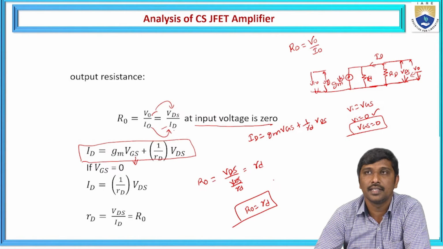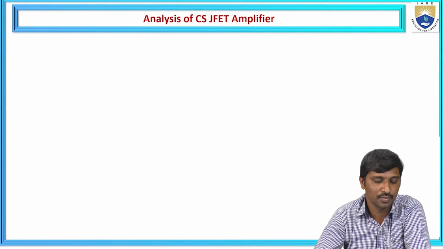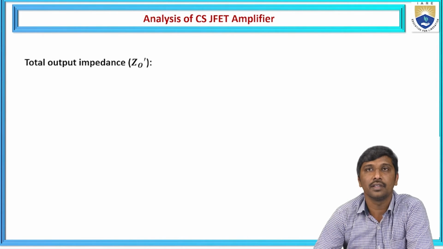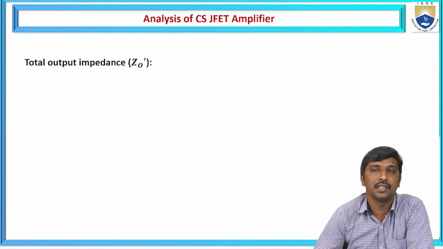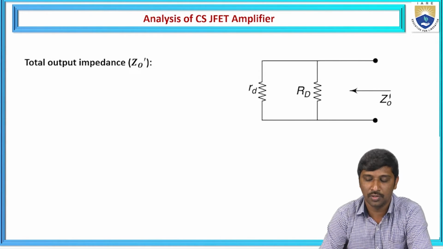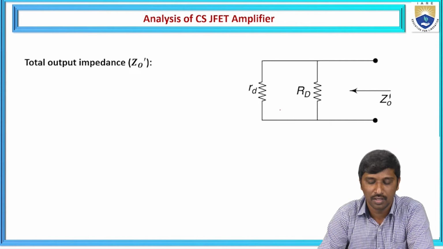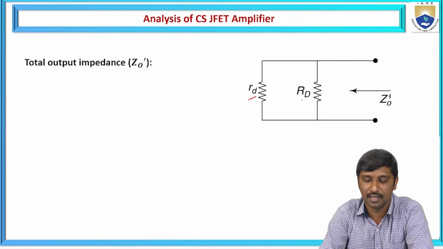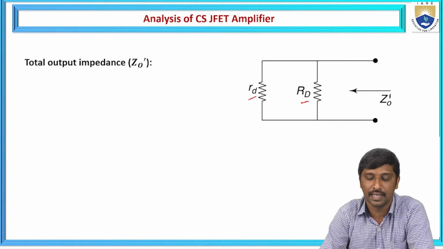Suppose you want to calculate the total output impedance along with the external load or external drain resistance. I use the simplified circuit. This is the internal drain resistance or AC resistance, and the capital RD is the external drain resistance, also called the load resistance.